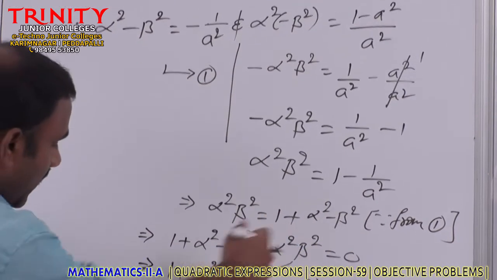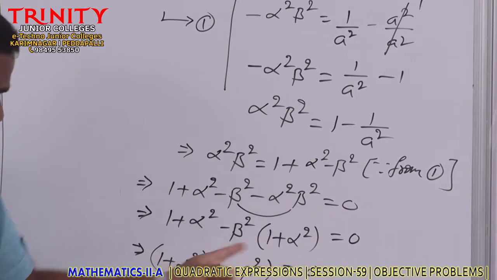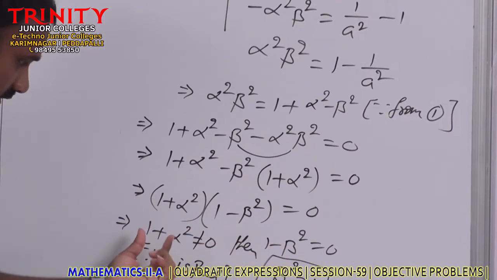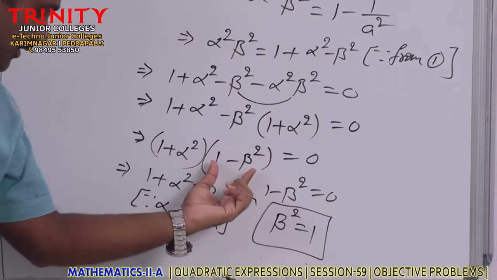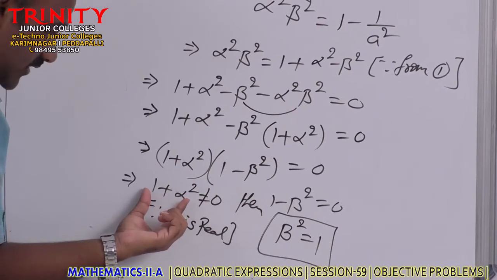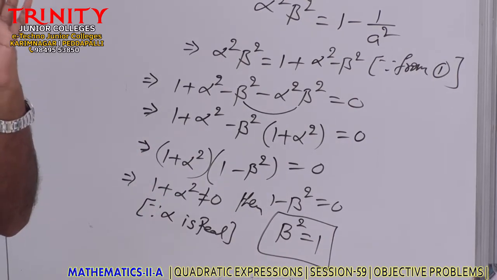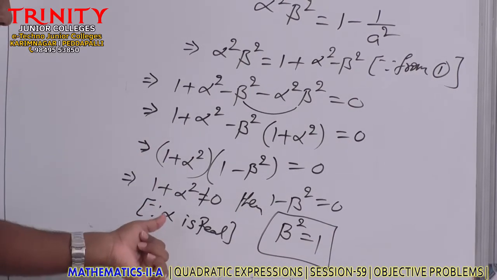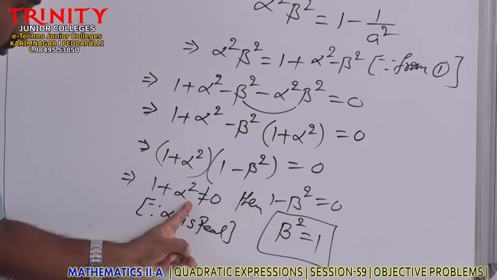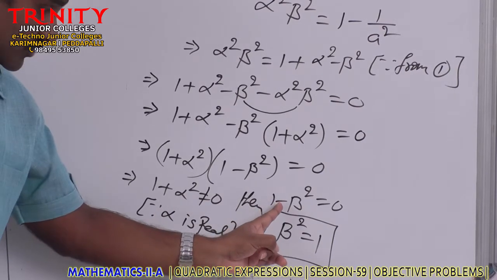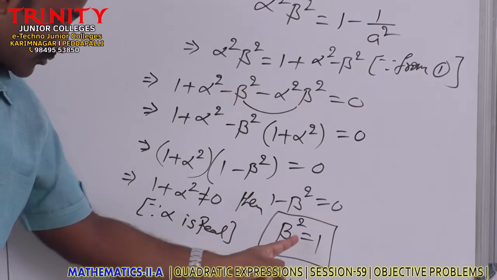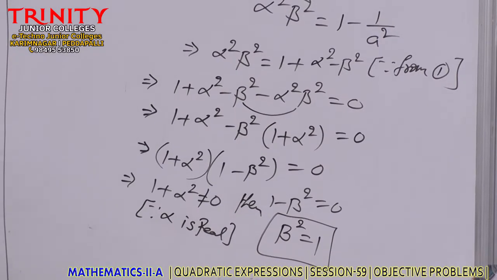Then we have taken all the values to one side and formed an equation. Then go for factorization. We got the factors 1 plus alpha square and 1 minus beta square. If we take 1 plus alpha square equal to 0, then alpha is equal to root of minus 1, which is not a real number. Therefore, it is not equal to 0. Then automatically the second factor must be 0, 1 minus beta square. Therefore, beta square is equal to 1.